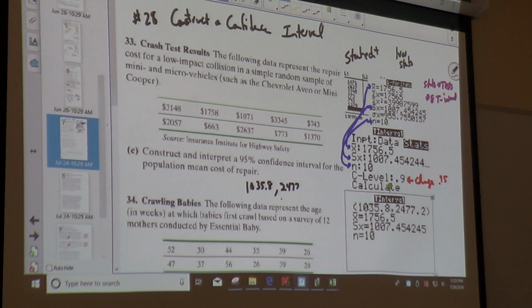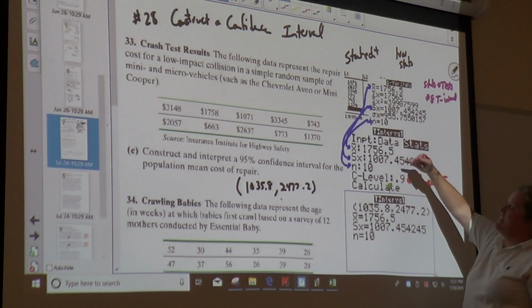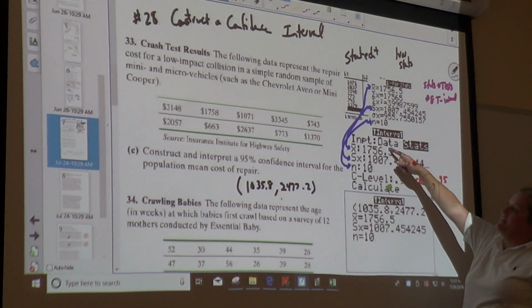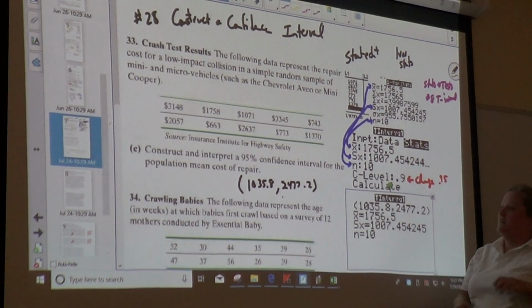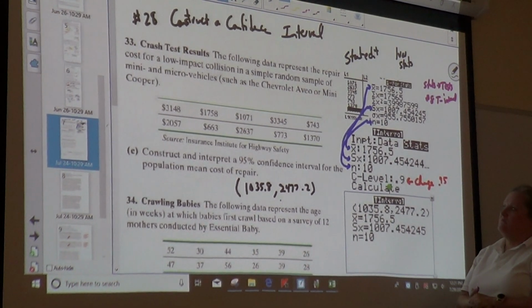My phone is talking to me. That is my 95% confidence interval. So I did stat test number 8 t-interval, and I had to do the 1-var stats because they did not tell me my mean and my standard deviation. I could have easily gotten my n of 10 from counting pieces of data.